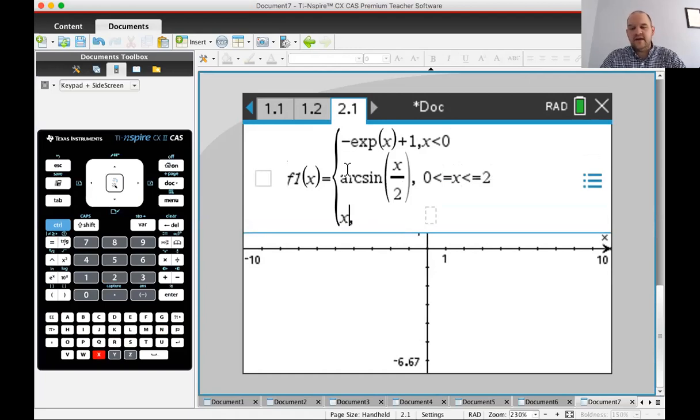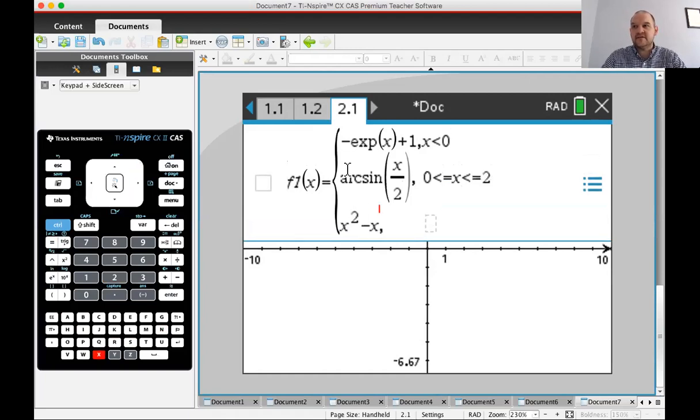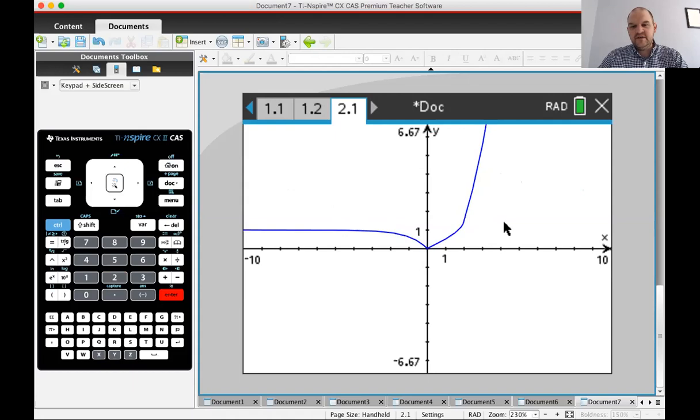And then x squared minus x plus, so we got pi over 2 minus 2. And that's going to be when x is greater than 2. I could leave this empty, and it would just fill in the remainder. It would actually say else there, but for the completeness of it, to make it look exactly the same, I'll do this, and press enter, and there you go.